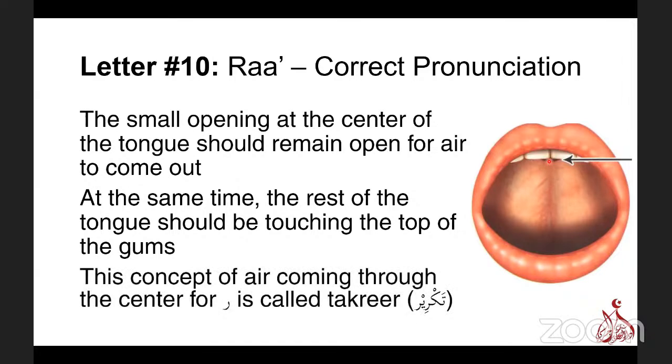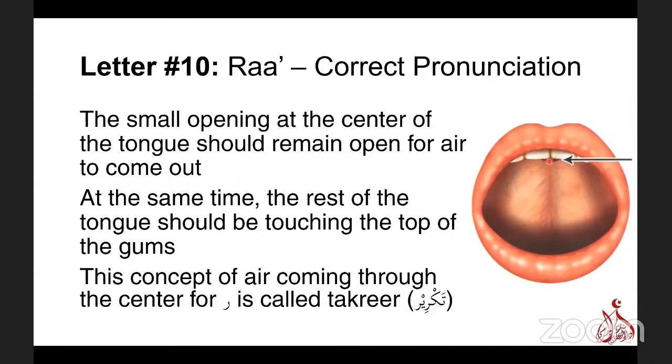Of course, you're not supposed to stretch it, but I'm trying to show the little air that's coming out. This concept of air coming through the center for the ra sound is called takreer. Takreer means a shiver. It means like a shivering sound, a little vibration that's happening right on the top of your mouth. That shiver is part of pronouncing a ra.